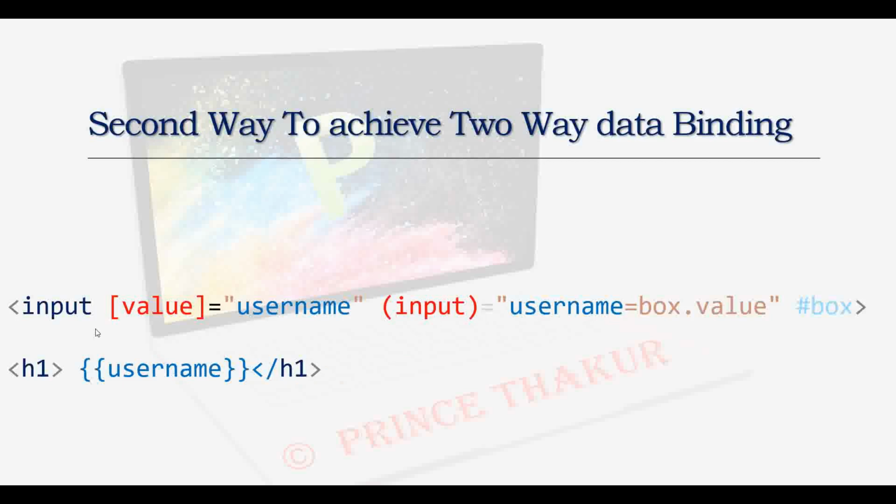For that, we will use this syntax: in the input, we will use property binding and event binding together but separately. We can use property binding for the value and the input event for the username and pass it the value. Let's try to execute this code.